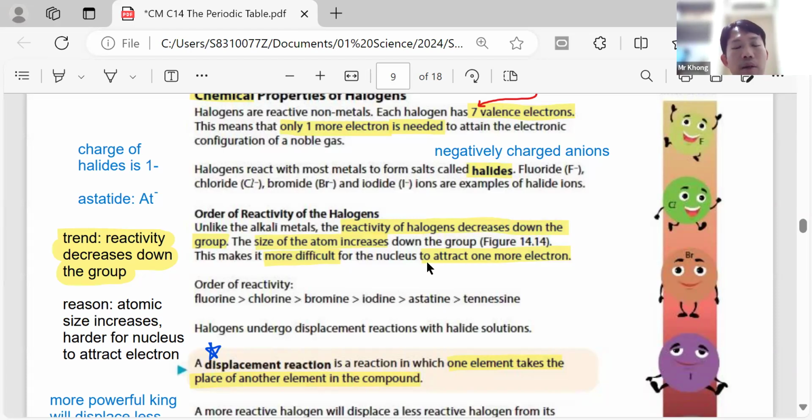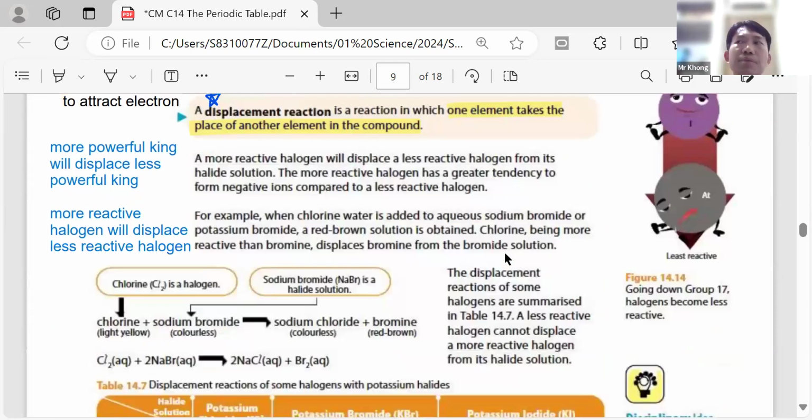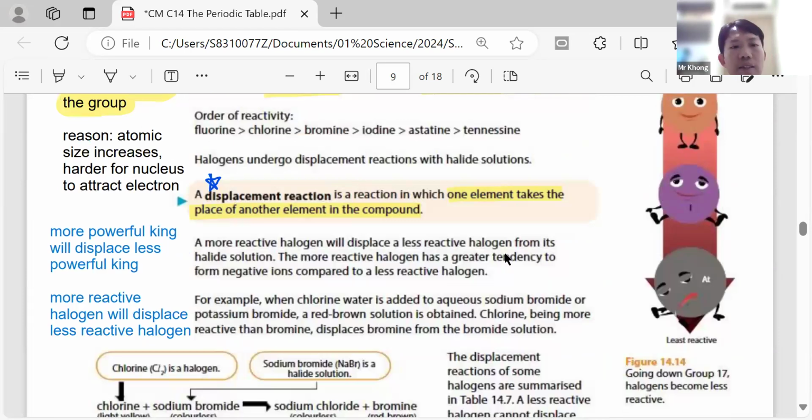Because of this difference in reactivity, halogens undergo a very special reaction called a displacement reaction. A displacement reaction is a reaction whereby one element takes over the place of another element in the compound. The analogy that I have is this: imagine that there is a powerful king in a kingdom, and another less powerful king in another kingdom.